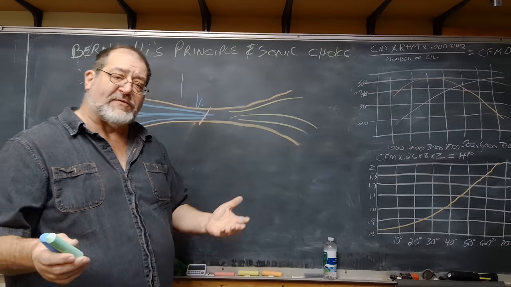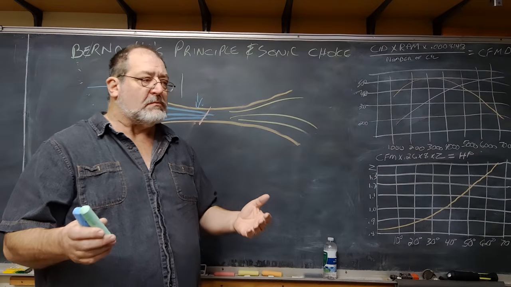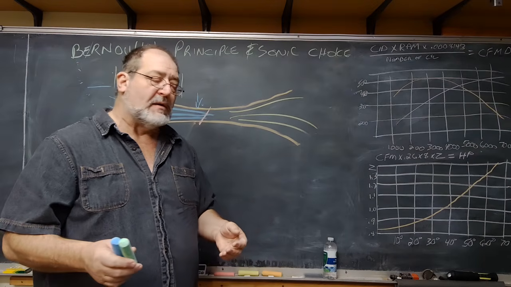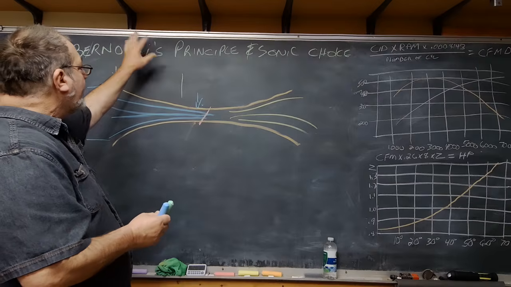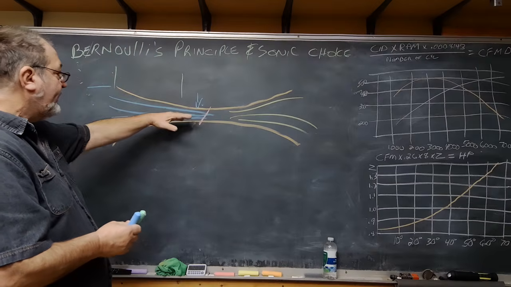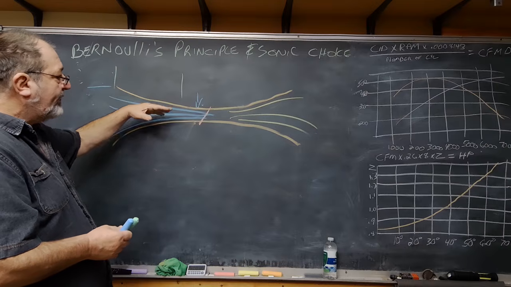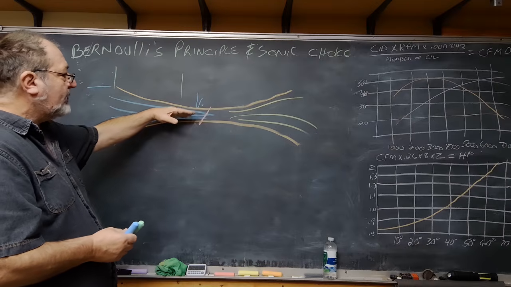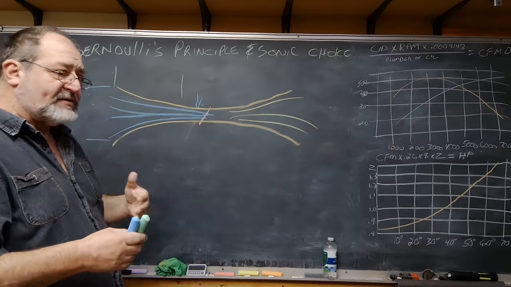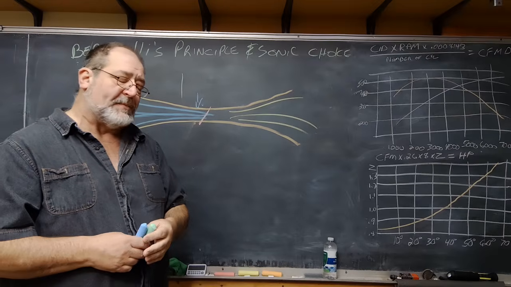And that seems kind of sensible. You know, it's like, well, yeah, I can see that. Because we know how Bernoulli's principle works, and it does say that with the kinetic energy of the air going through, the airspeed will increase with a restriction because the volume basically has to stay the same.